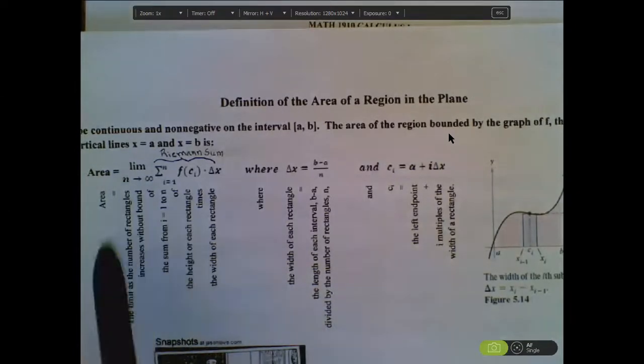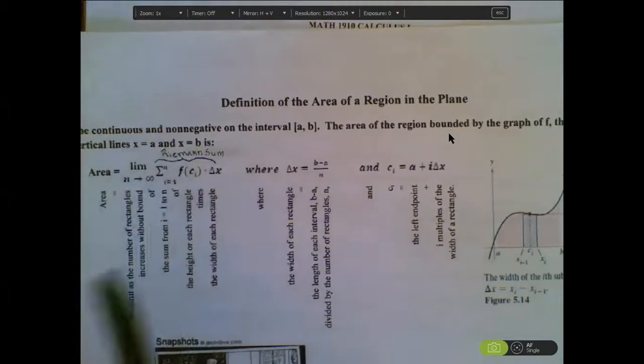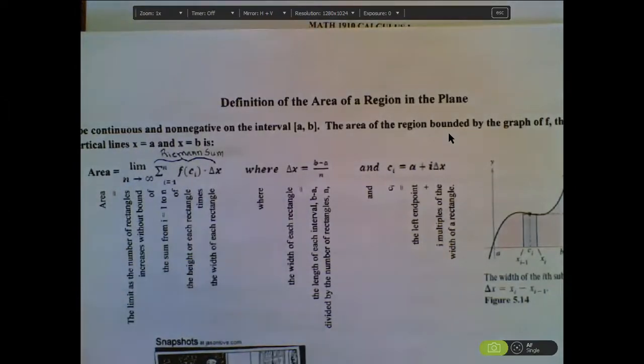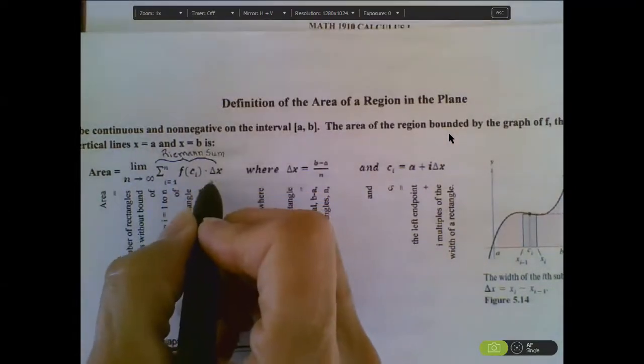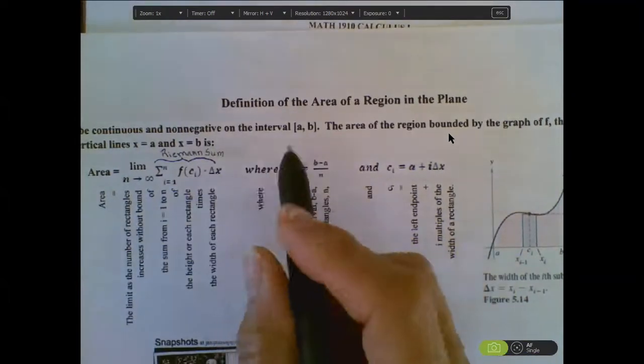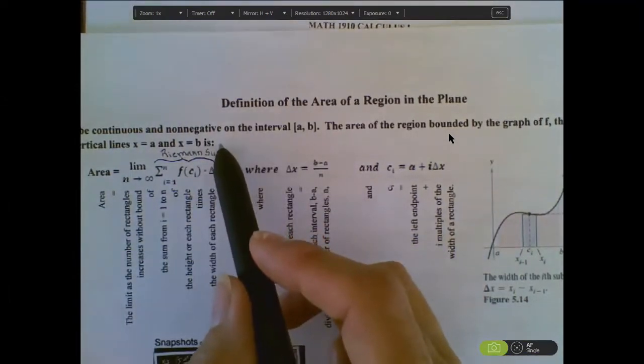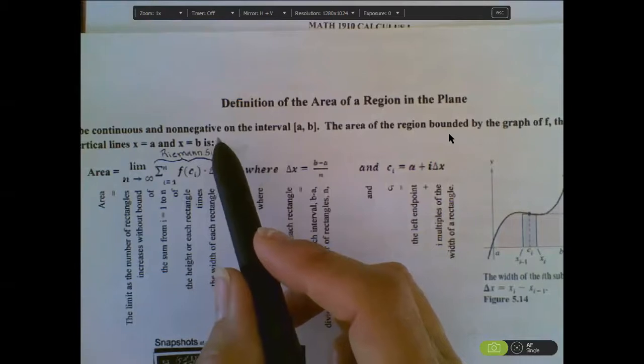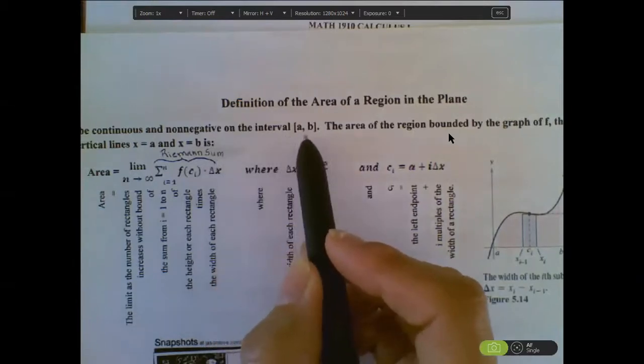Because this really helps you understand what this definition is. Let f be continuous and non-negative on the interval from a to b, and that's a closed interval because of those brackets.